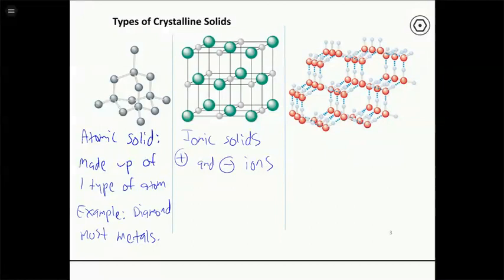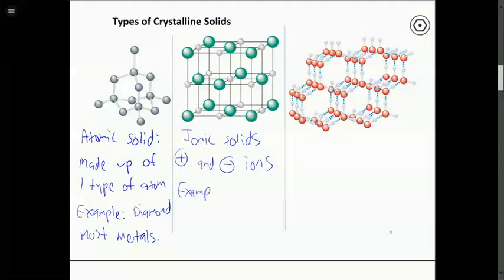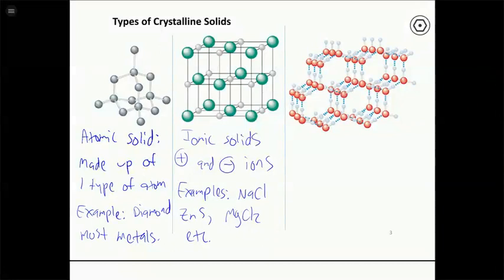And we arrange those positive and negative ions in all directions to give a crystalline solid. And we're going to talk about a lot of these structures, and the ones that we'll see are going to be things like sodium chloride, zinc sulfide, MgCl2, etc. We've all seen ionic compounds a lot in this course, so we know what those are, and they tend to be crystalline solids.